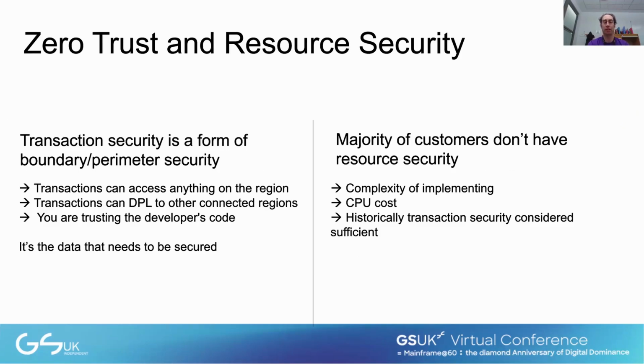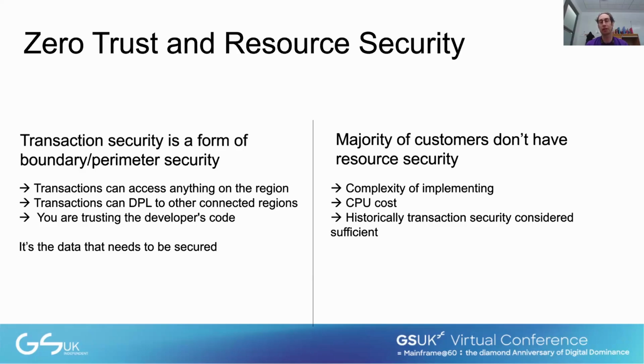So they have access to anything that you've got on the region, and then they can also go across to other connected regions and access whatever is on those regions. And with that model, you are trusting the application code to do what it's supposed to do, not go outside those bounds. But you're not really securing the data, and it's the data that's the critical important business resource here, and nothing has been specifically done to protect that.